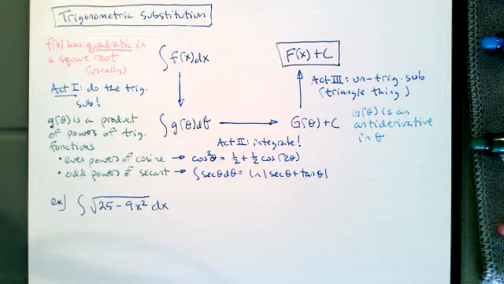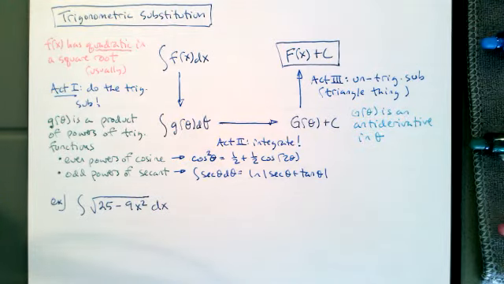Then let's begin. We see this integral, and we recognize it as the sine case because it's an a squared minus x squared. That's the sine case. We have to know what we're going to substitute.